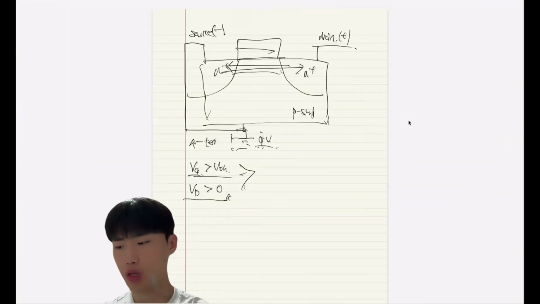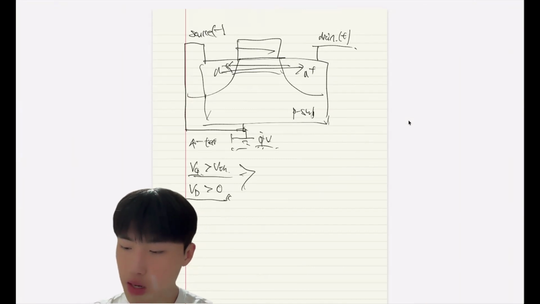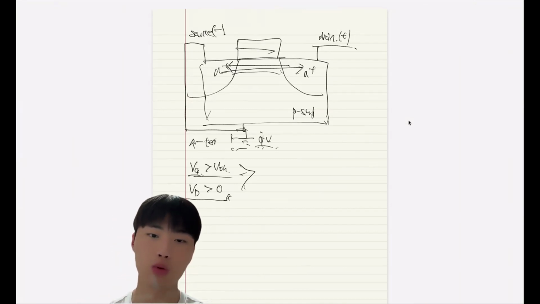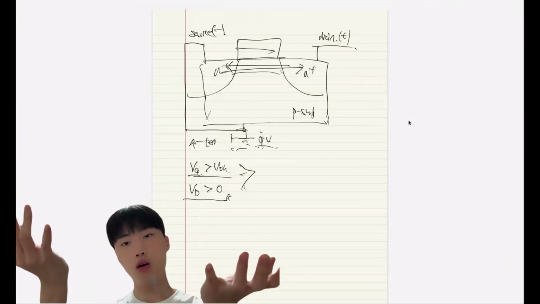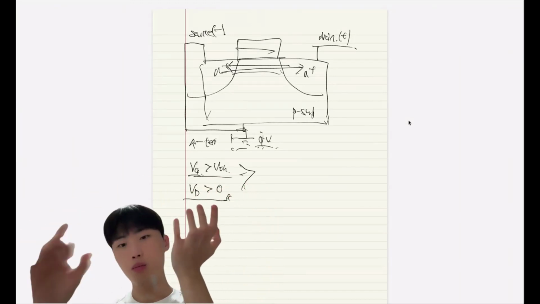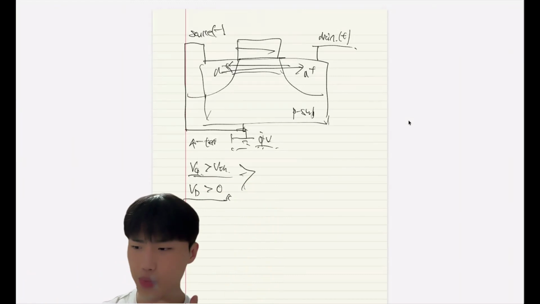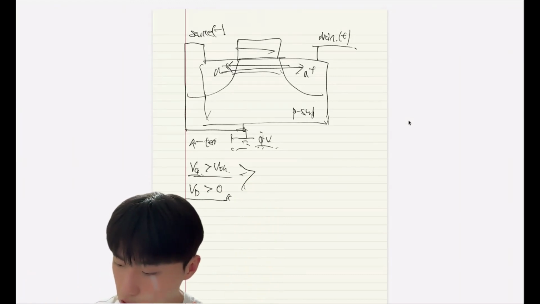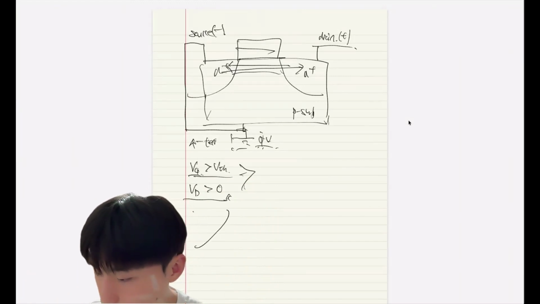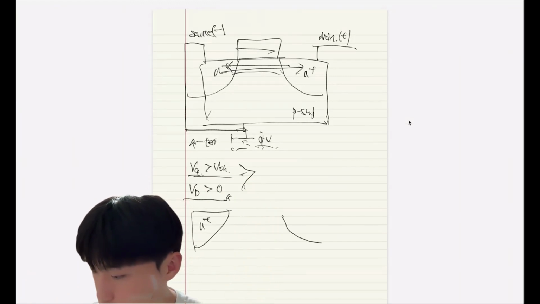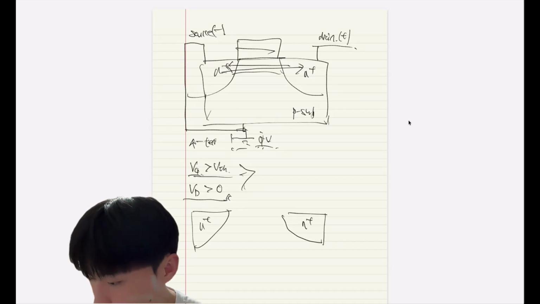Actually, when the gate bias is bigger than the threshold voltage, there will be a channel on it, and as the drain bias gets bigger and bigger, the current gets bigger. This will be the N plus, and this is the channel.